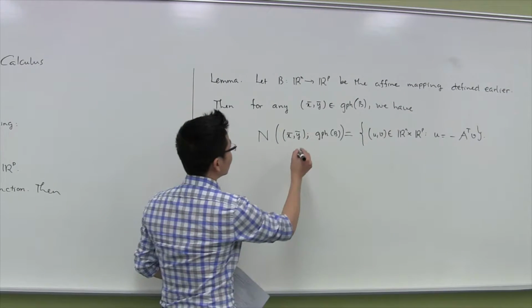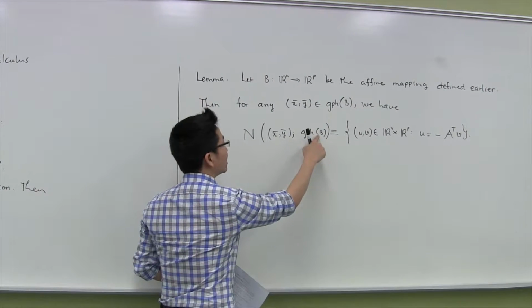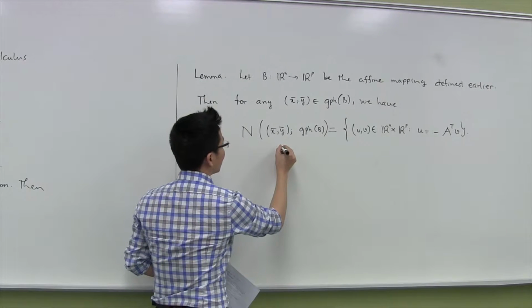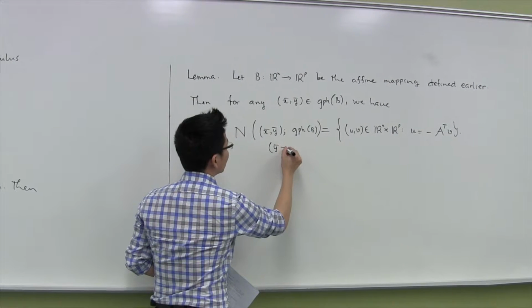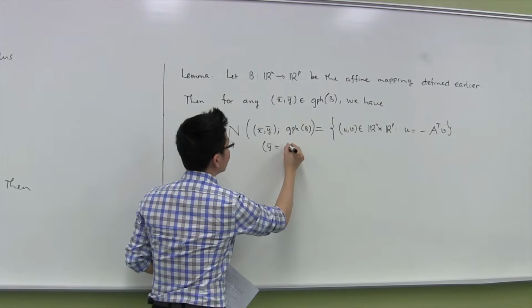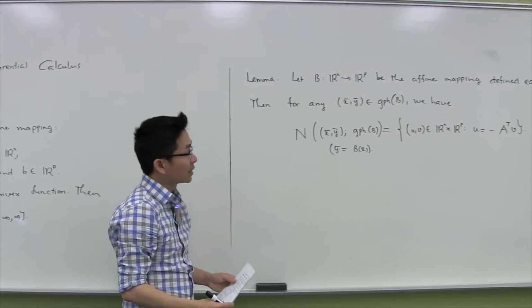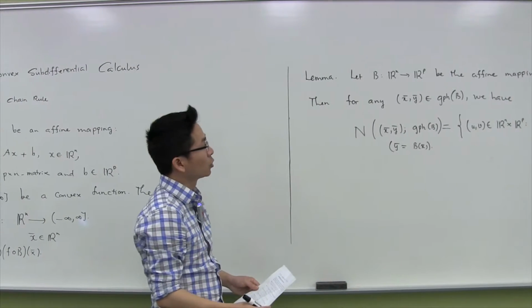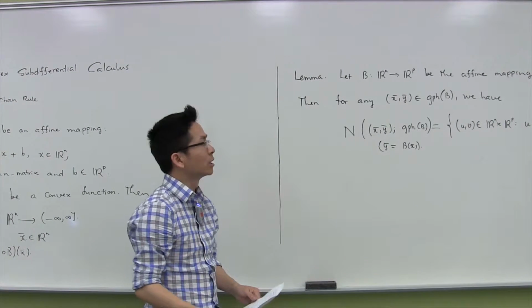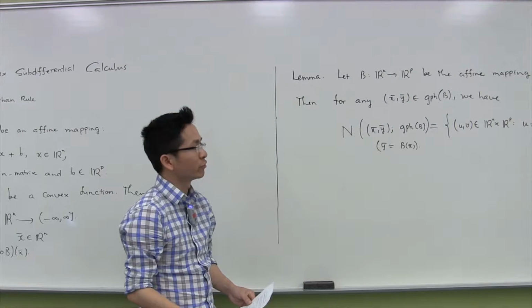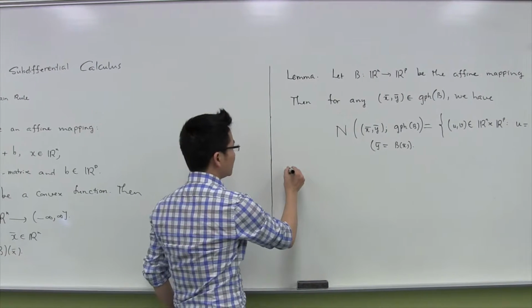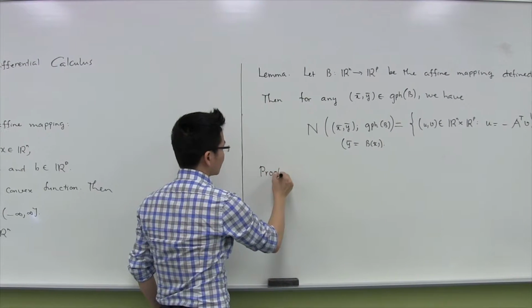Note that over here, because x bar, y bar is in the graph of B, y bar is always equal to B of x bar. Okay, so let me go ahead and use the definition of the normal cone to convex sets in order to prove this useful formula.